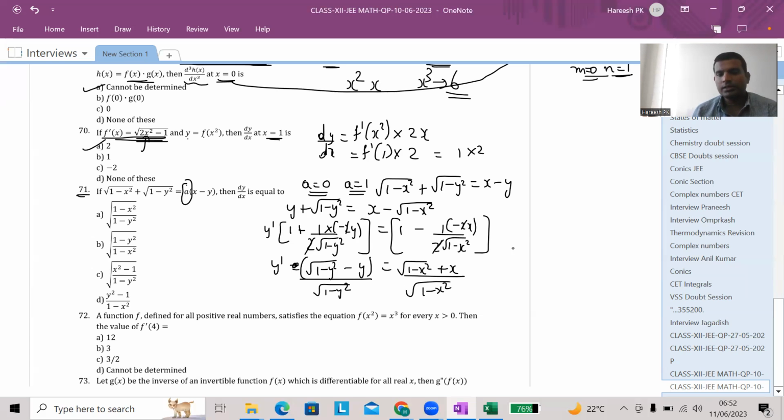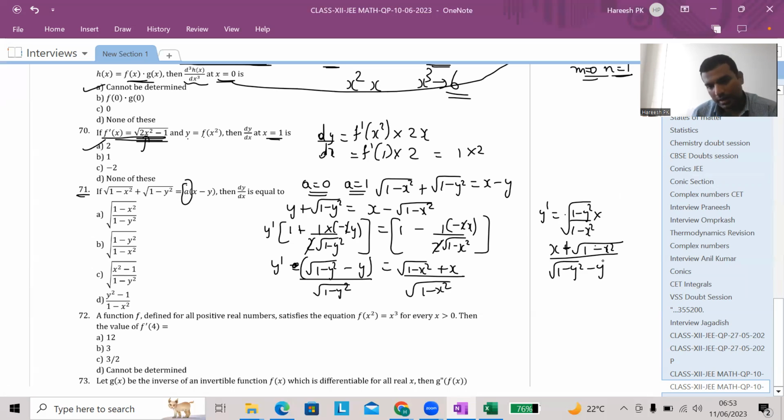So now y dash will eventually turn out to be root of 1 minus y square by 1 minus x square into x plus root 1 minus x square by root of 1 minus y square minus y.